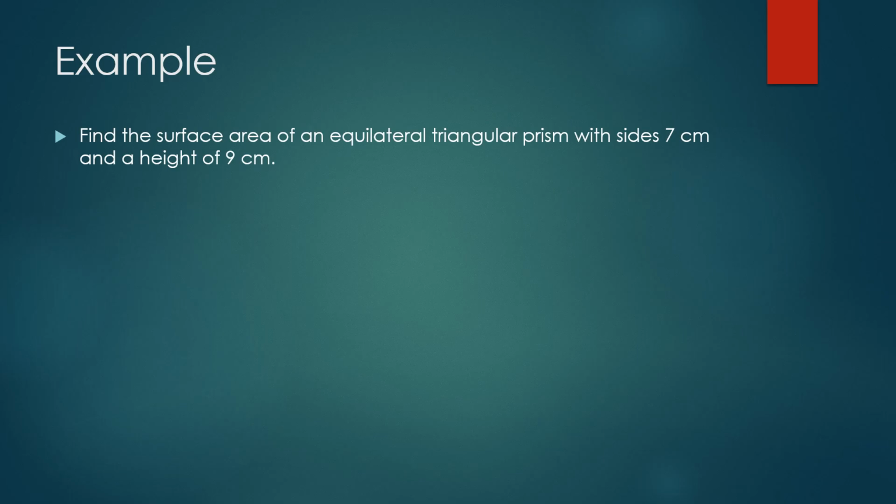Let's find the surface area of an equilateral triangular prism with sides 7 centimeters and a height of 9 centimeters. This time we're going to have a triangle, but then we're going to have it extend this way.